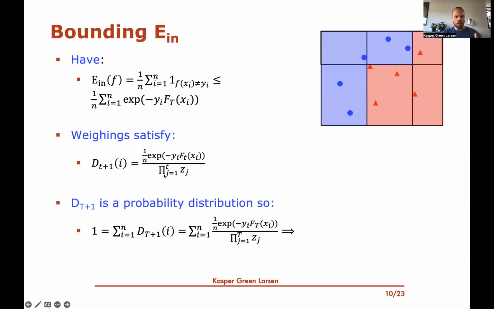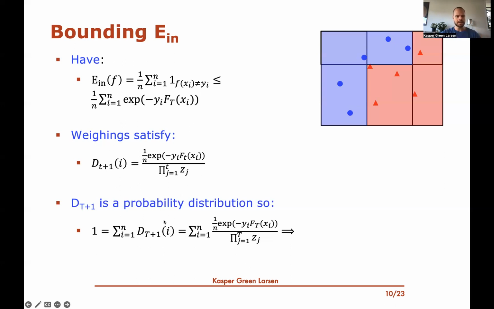So what we now also know is that when we go to the very last iteration, D t plus 1, that's the weighting that we produce just when we stop. We know it's a probability distribution, because we always normalize by this Z t factor.